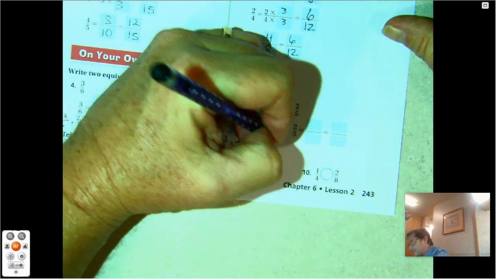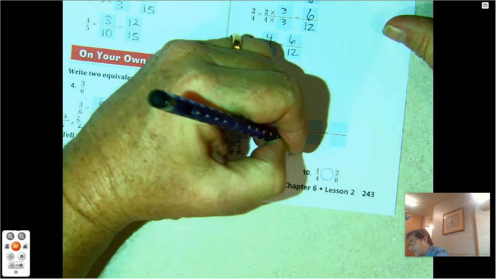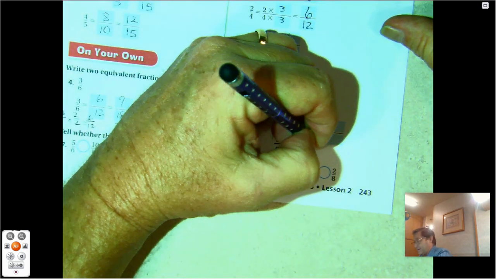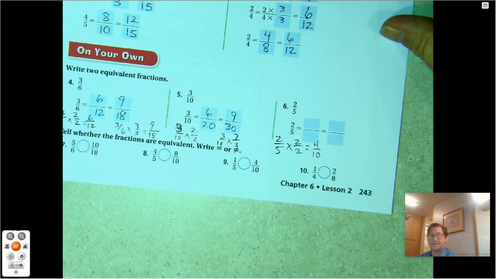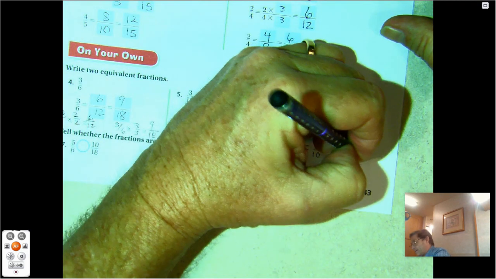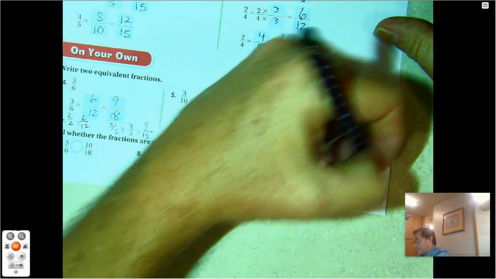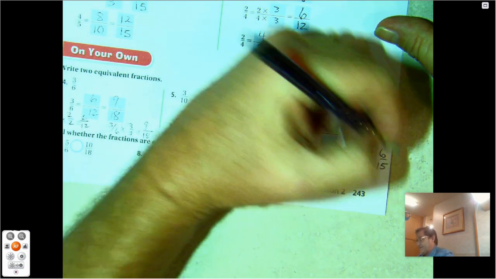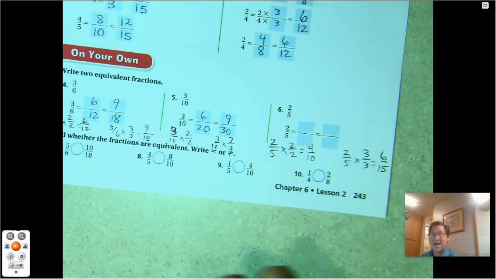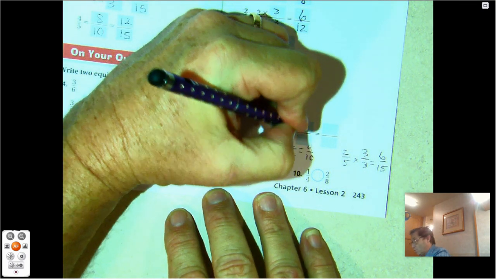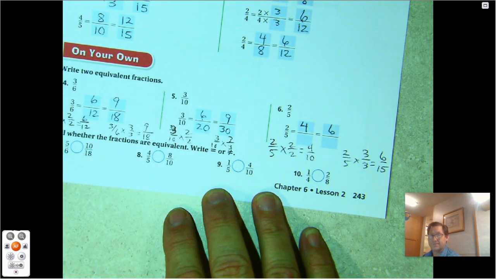All right, 2/5. Again, if we start with 2/2, we'd get 4/10. If we multiply 2/5 by 3/3, we'd get 6/15. So the pattern on 2/5 would be 2, 4, 6, and so on.